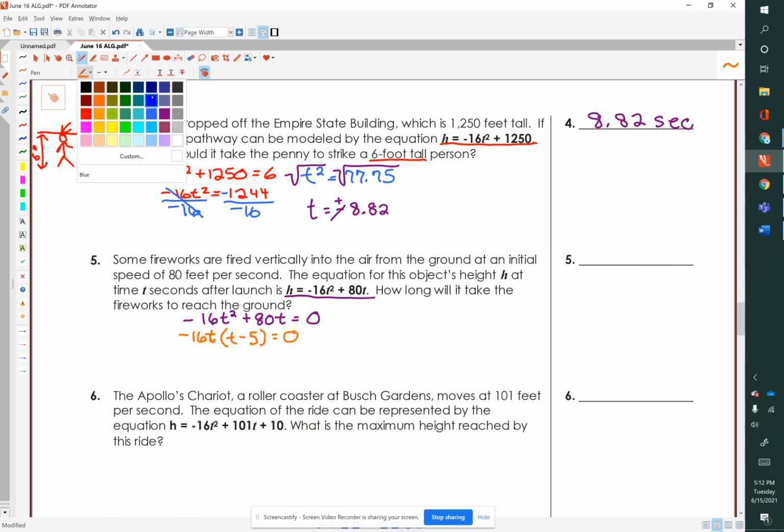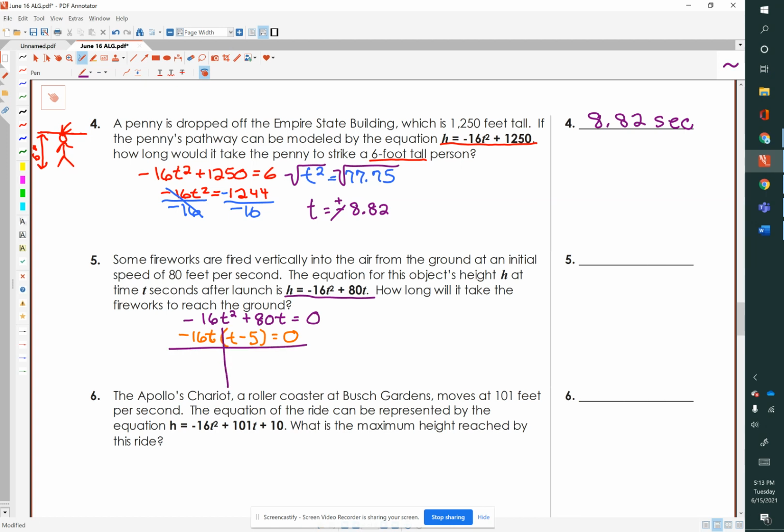And now we can easily solve this. So we don't like t equals 0. That answer doesn't work for us. But t equals 5 certainly works for us. So that means it takes 5 seconds for that firework to hit the ground.